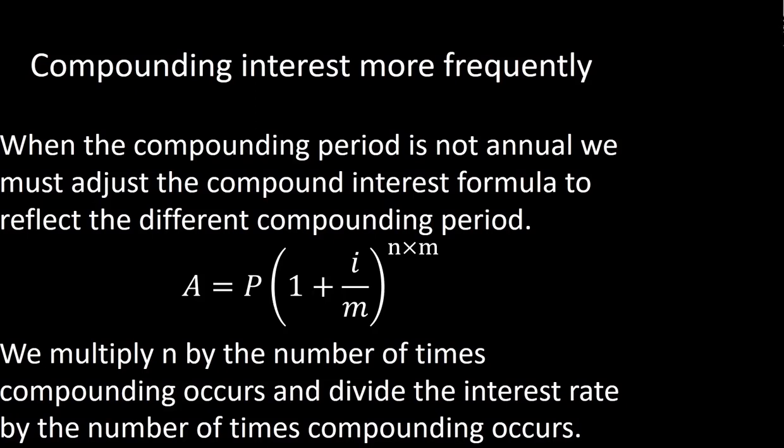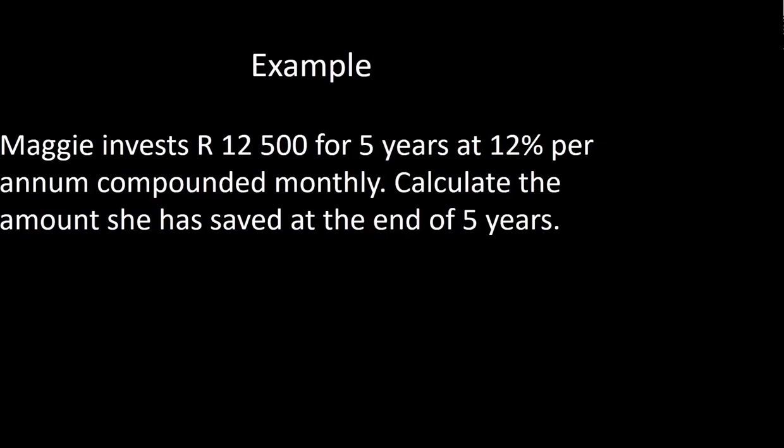So to reflect the different compounding periods, we need to times n, our number of years, by m, which is the compounding period, and then we need to divide our interest rate by m, also reflecting the fact that our compounding occurs a certain number of times in the year. So we multiply n by the number of times compounding occurs, and we divide the interest rate by the number of times that compounding occurs.